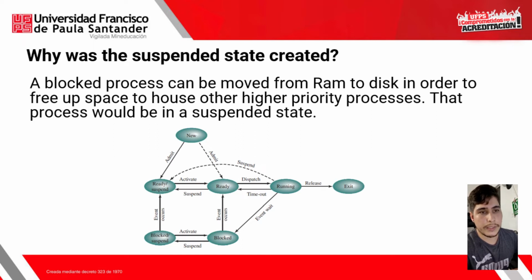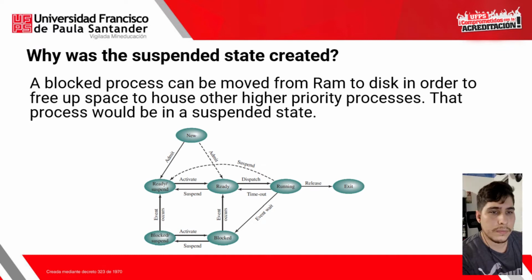The processor is still faster than I/O activities, so the need to create a new state makes use of swapping, which consists of moving a process from main memory to disk, in order to free up space to hold other higher priority processes. That process will remain in what we call a suspended state.